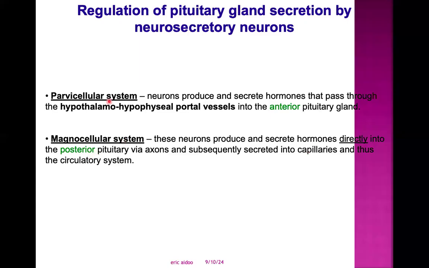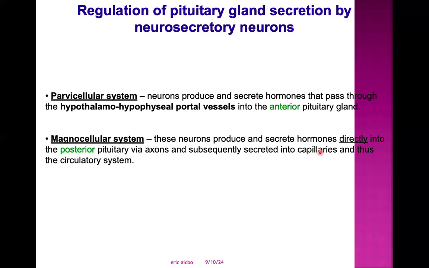The parvicellular system secretes its hormones through capillaries into the anterior pituitary. However, for the magnocellular, it is neurons that produce the hormones directly into the posterior pituitary. It doesn't go through any capillary before it gets to the posterior pituitary, unlike the parvicellular. So once it gets to the posterior pituitary, later it joins the blood. So that's the difference.